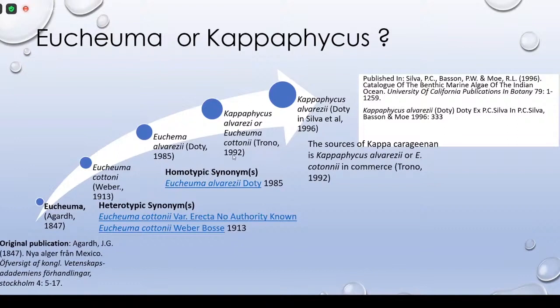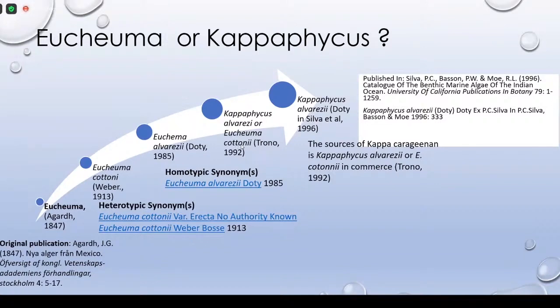And in 1992, because Trono found that in this genus, he found the Kappa carrageenan type, he proposed another name, Kappaphycus alvarezii or Euchema cottoni.